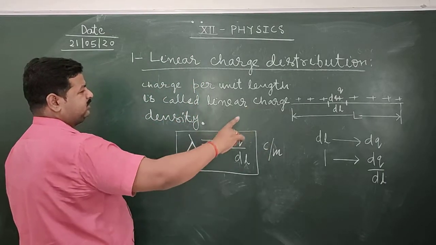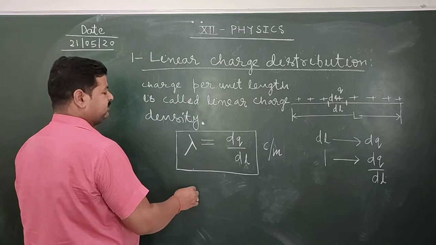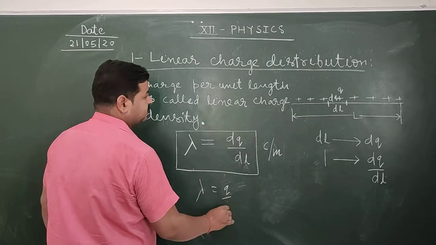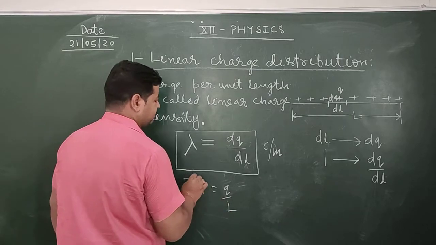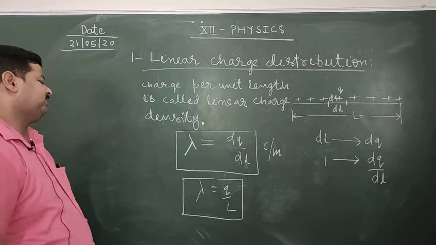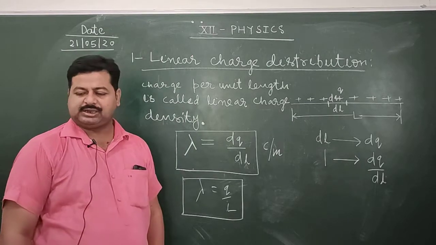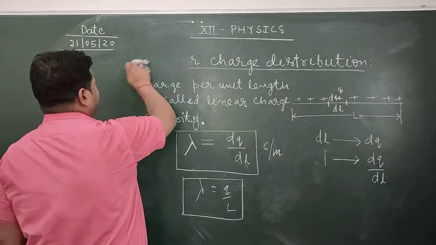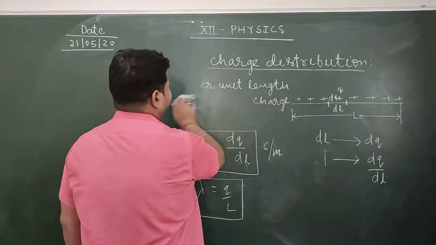For total length of the rod, lambda is written as q by L. So this is also a formula for linear charge density. And the second topic, that is surface charge distribution.